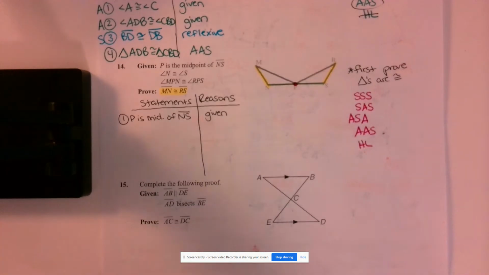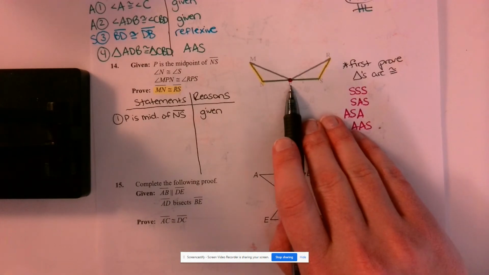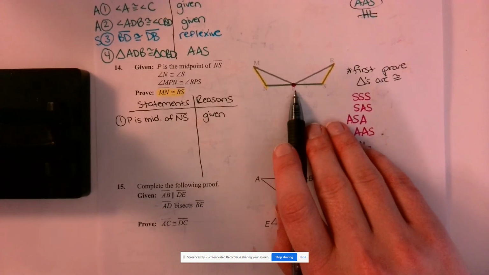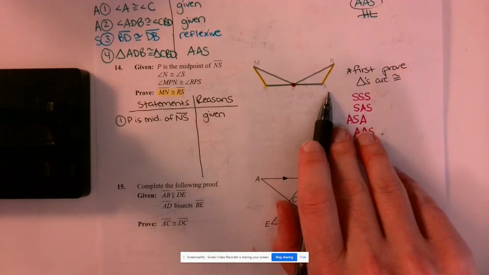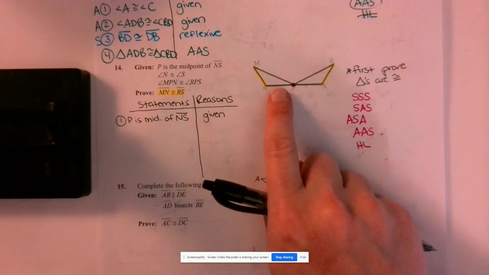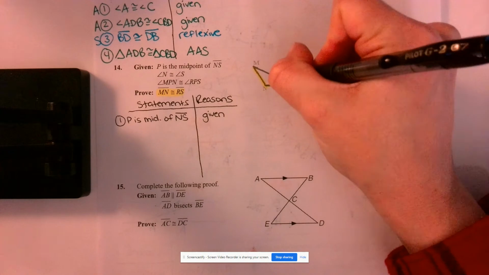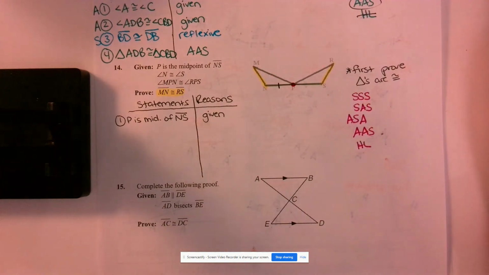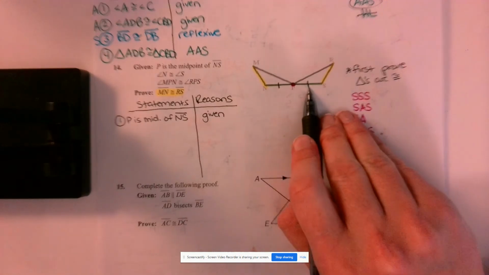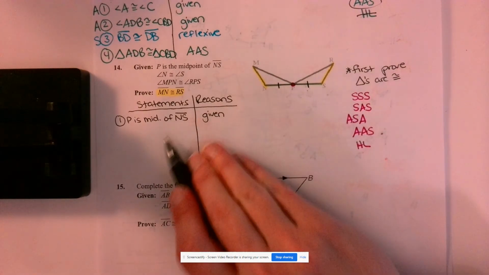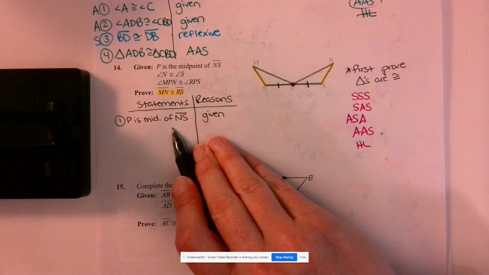If P is the midpoint, it is in the middle of line segment NS. And what that means is if P is in the middle, it divides line segment NS into two congruent pieces. That means line segment NP here must be the same length or congruent to line segment SP here. If you put your tick marks in the picture, we need to go ahead and put that in our proof.